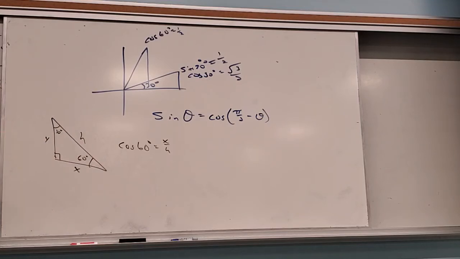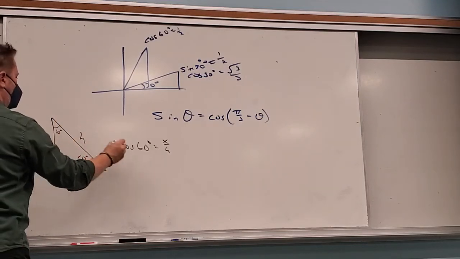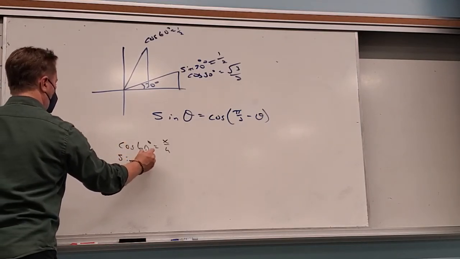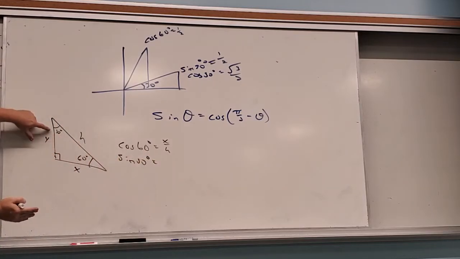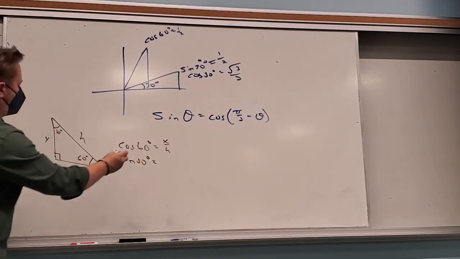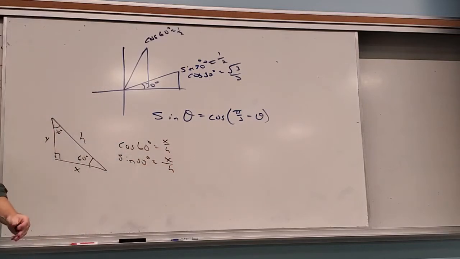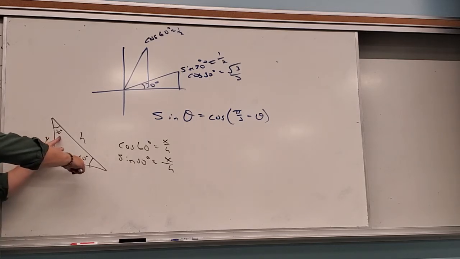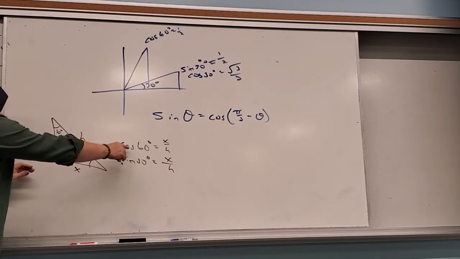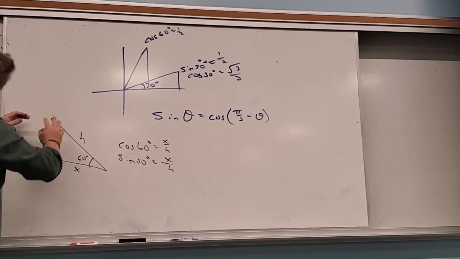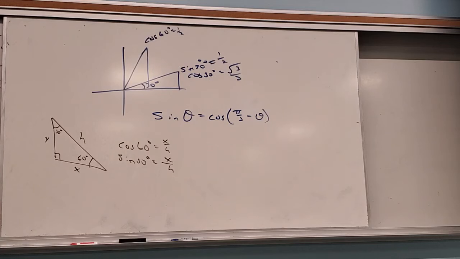Yes, just by basic definition. What would sine of 30 degrees be? Well, sine of 30 would be x over h also. It's another way to see why they're offset by 90. Because what do these two angles have to add up to be? 90. And if I talk about cosine of this versus sine of that, I'm using the same sides. But I'm using the angle that is off by 90 from the other angle. That's why that identity makes sense.